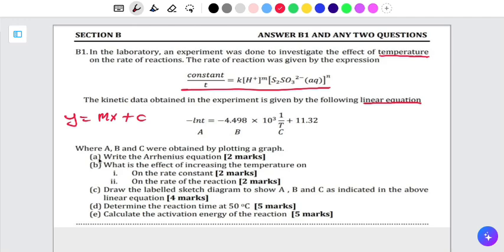Alright, so question A is saying, write the Arrhenius equation, 2 marks. So the Arrhenius equation is given by the rate constant, k, which is equal to the value of A multiplied by the exponential of negative activation energy, divided by RT. So R is the gas constant.